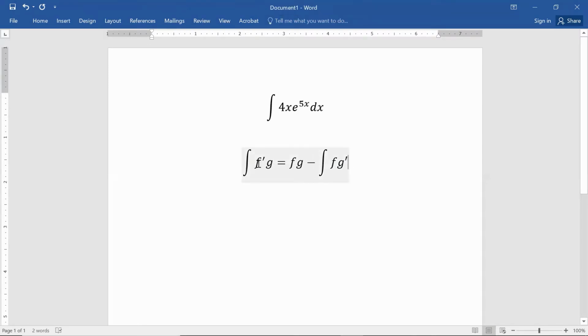We see here on the left-hand side, we have an f prime and a g. We also have 4x e to the 5x. In this formula, we need to determine what piece is going to be the g and what piece is going to be the f prime in our original expression.